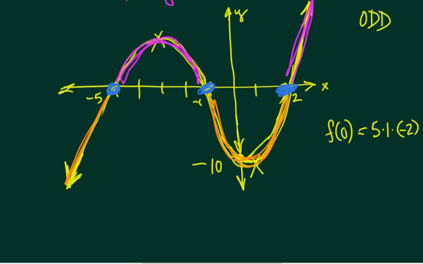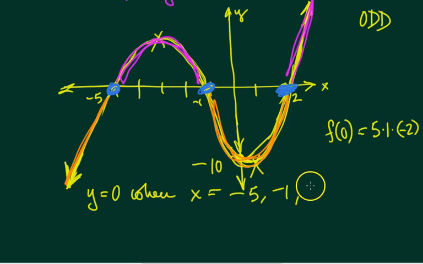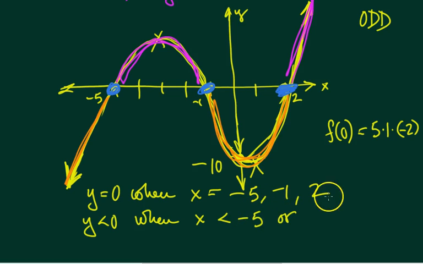Okay, so I know that y is equal to 0 when x is equal to negative 5, negative 1, positive 2. y is less than 0 when x is less than negative 5, or x is between negative 1 and 2.